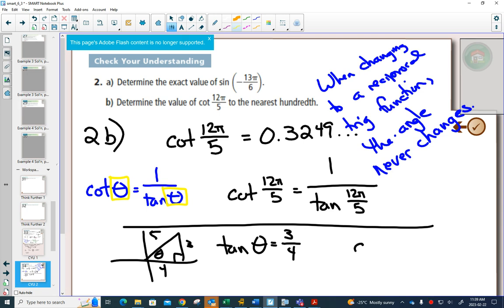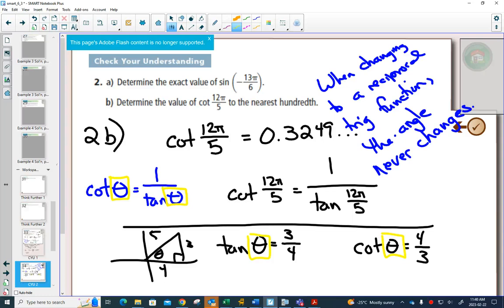And cotangent theta is 4 over 3. That's what we did yesterday. Notice that we're still not changing the angle. The angle is still theta. But the ratio, the answer, gets flipped.